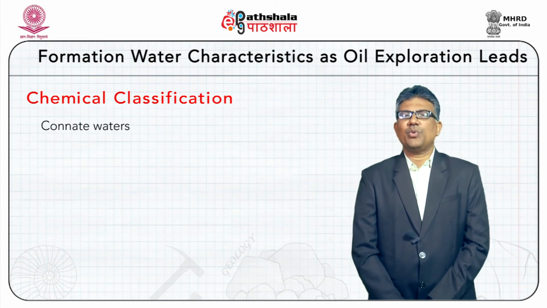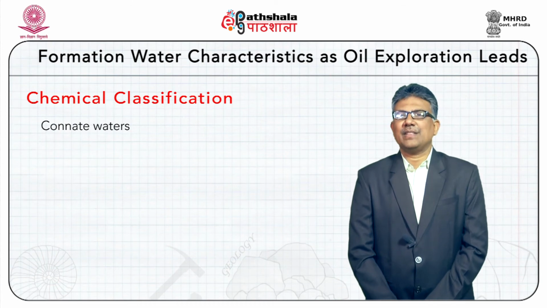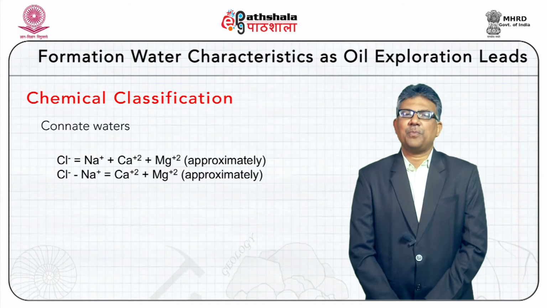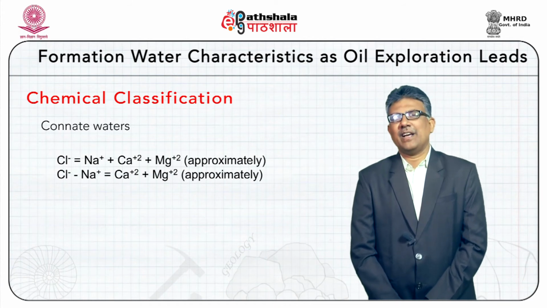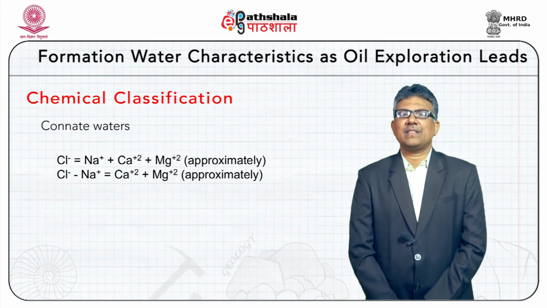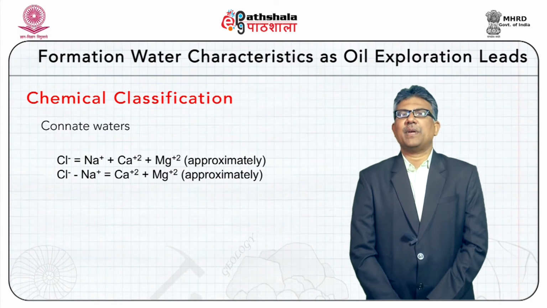Now in case of connate waters, which do not contain the sulfate or bicarbonate, the only anion present is chloride, and hence the entire amount of chloride will be balanced by all the cations, that is the sodium, calcium and magnesium. And if I subtract the sodium from the chloride, then it becomes equivalent to the calcium and magnesium.